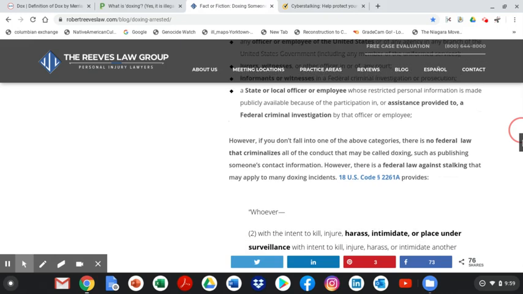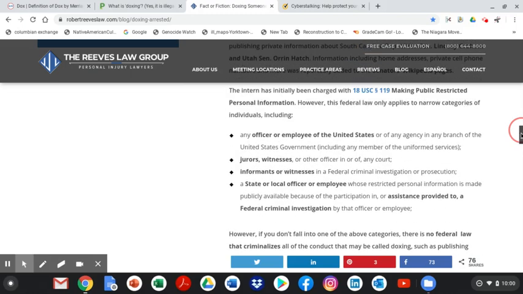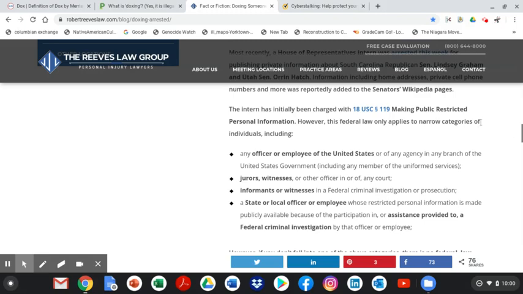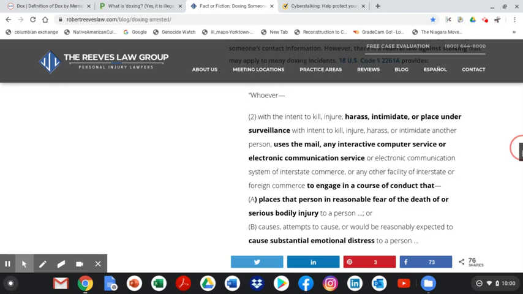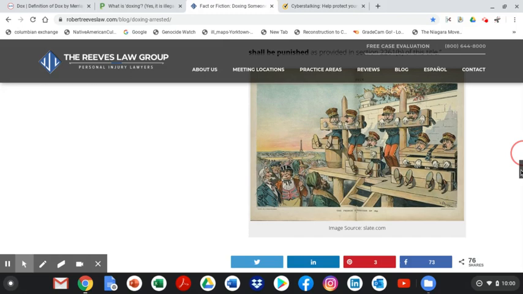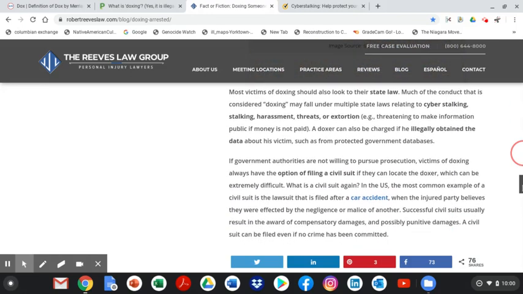And that is actually against the law. Plus, he was also using his position to get information about these people to publish it. So in addition to making the information public, it was also considered stalking. And so right now, that person is going to jail for a couple of years. And this is according to a federal law.